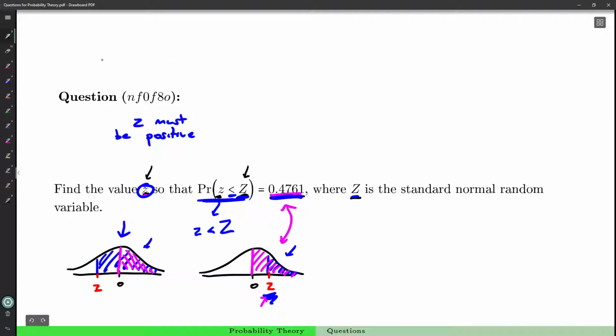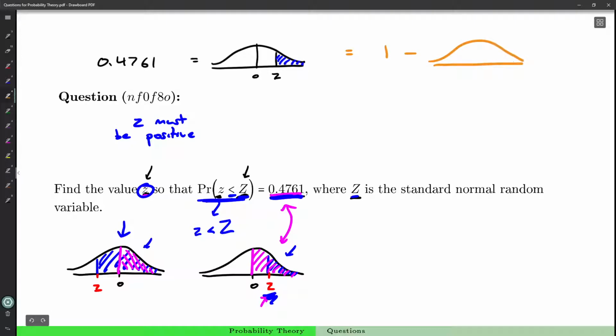We know that 0.4761 is a probability that looks roughly like this with a positive little z here. How can I relate this to a probability that can be looked up in that table? Well, we could say it's 1, the total area under the bell curve, minus the area to the left.